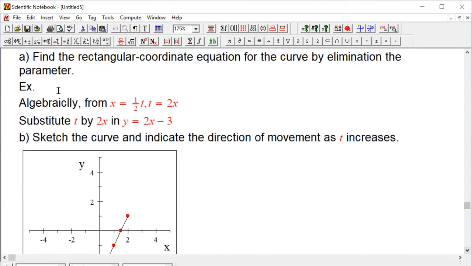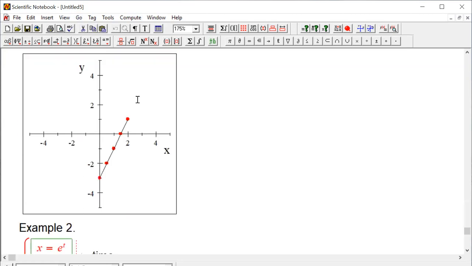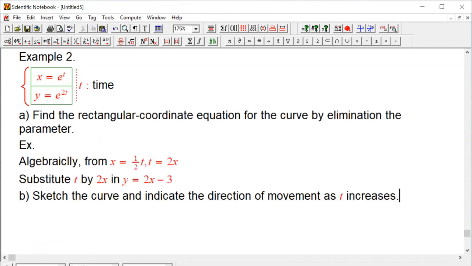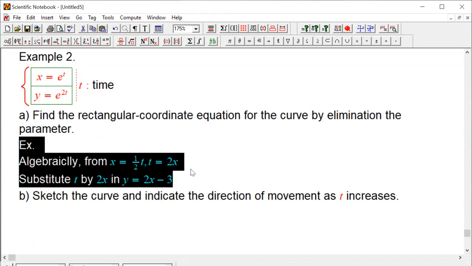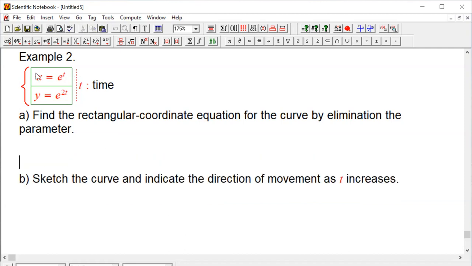We want to do these two categories. The first one, we're going to eliminate the parameter t. So we have x equals e to the power t, and y equals e to the power 2t.